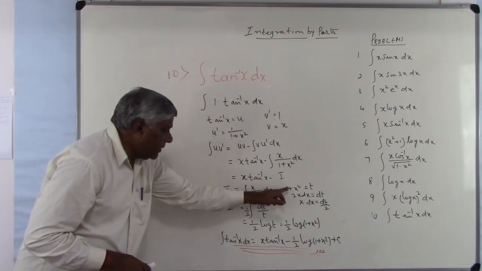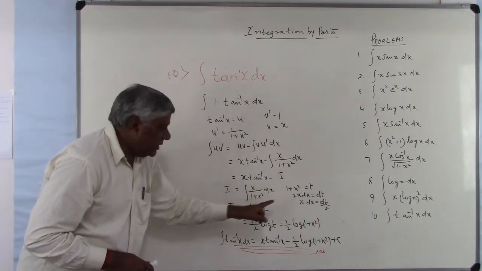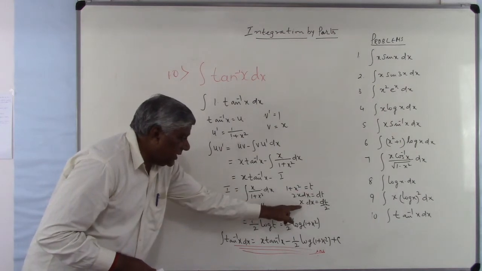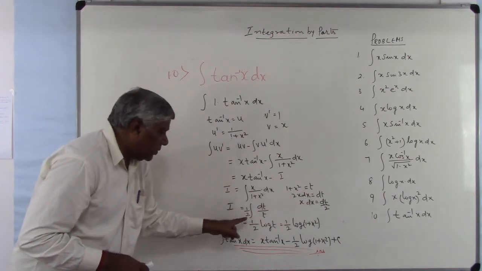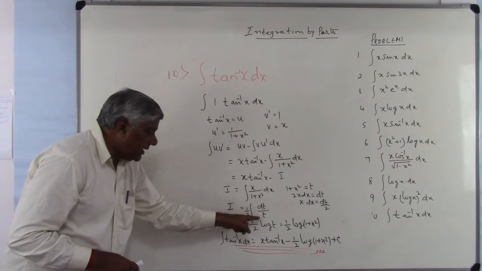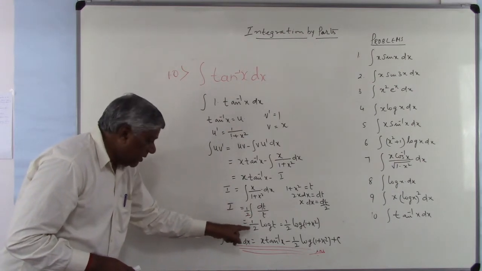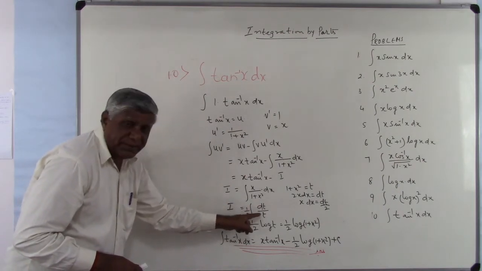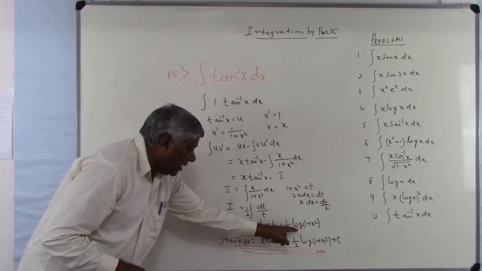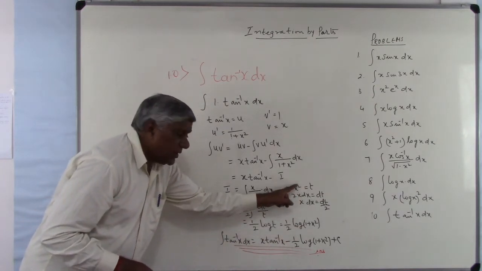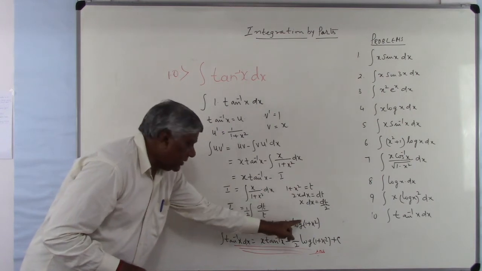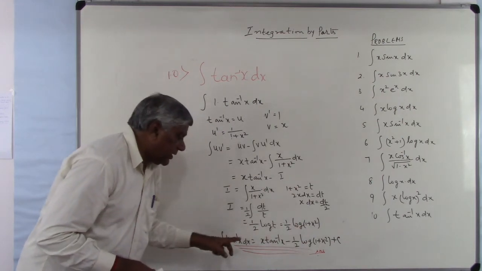Now this 1 plus x square I am keeping as t. 2x dx is equal to dt. X dx is equal to dt by 2. That is half of integral dt by t, which is nothing but half of log t. So that is equal to half of log of t, where we have kept t as 1 plus x square. So half log of 1 plus x square.